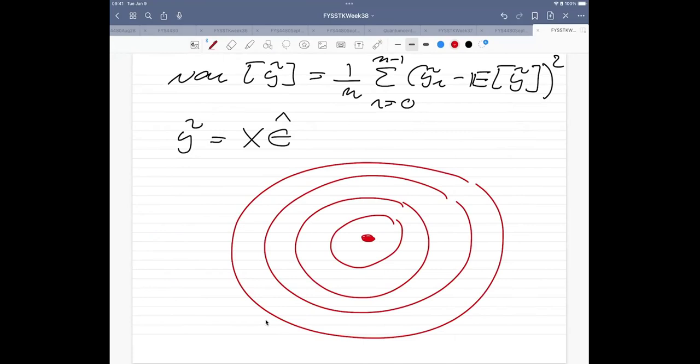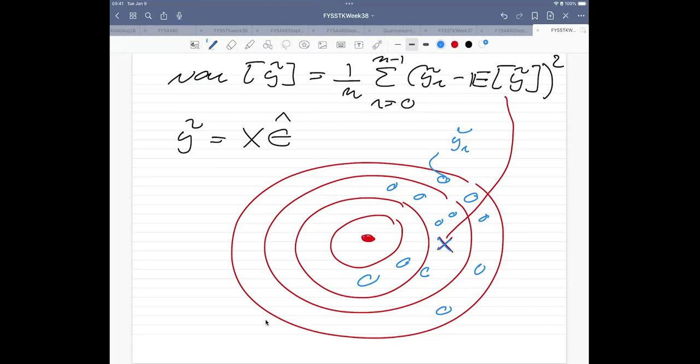Suppose now that the mean value of my data set is here. So this is y tilde, the mean value. I do 100 measurements, and the values are scattered all over, like this. So these are the values of y, the individual ones. So these are the y of i tilde.